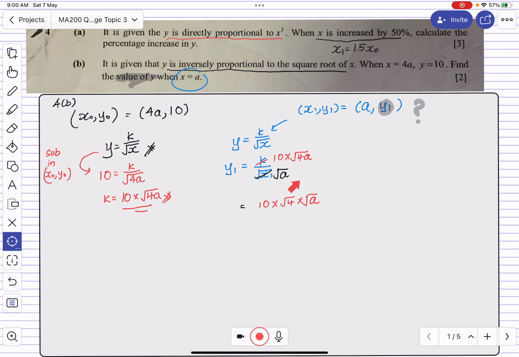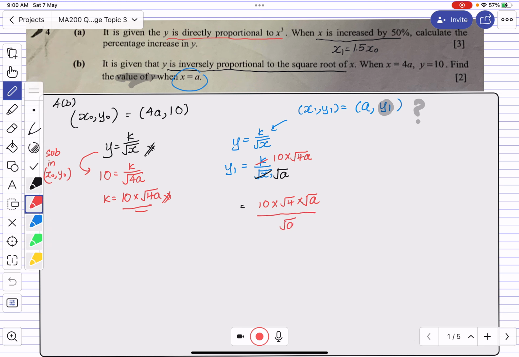Remember, the square root of 4a is the same as the square root of 4 times the square root of a, which I write on the denominator, and you can see that the square root of a can be cancelled off. Now the square root of 4 is just 2, and 10 divided by 2 gives me y1 as 5. So my new y1 is 5 when x is equal to a. This is the answer for B. Thank you.